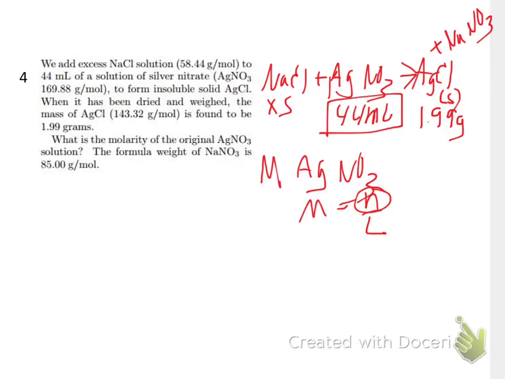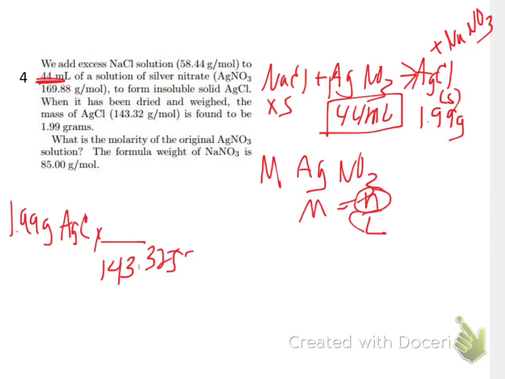Alright, so I'm going to start with what I can measure, right? I'm going to use this 44 milliliters down here. So I'm going to start with the 1.99 grams of silver chloride. And what I know is the molar mass of silver chloride is that many grams, is 1 mole of silver chloride.